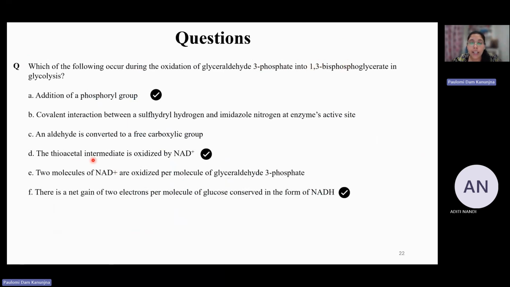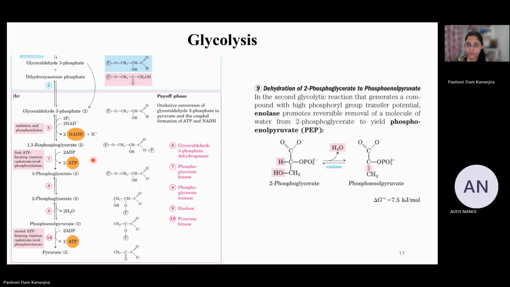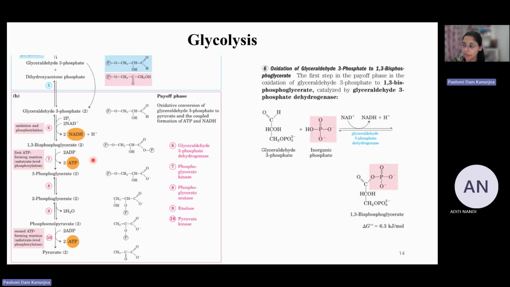That's correct. Now, the second one says that there is a covalent interaction between sulfhydryl hydrogen and imidazole nitrogen at the enzyme's active site, which is incorrect. Let me go back to the reaction. Here. The reaction is catalyzed by glyceraldehyde 3-phosphate dehydrogenase, and it forms a thiohemiacetal intermediate, which involves a cysteine residue in its active site, right?